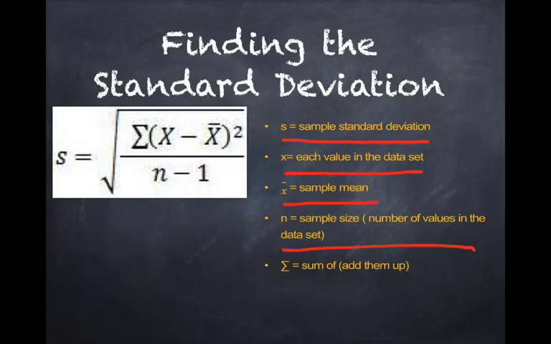How many data values do you have? Sigma is equal to the sum. It means add them up. And so to find the standard deviation, we have S equals: you take each value minus the mean, take those differences and square them, add them up, divide by n minus 1, then take the square root.